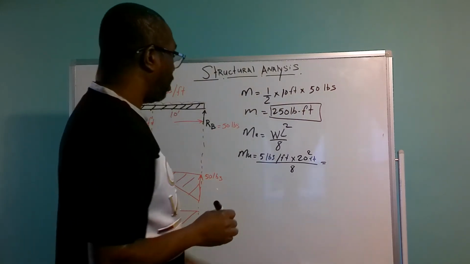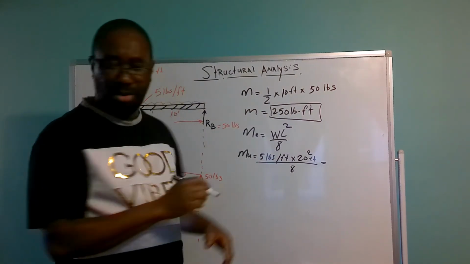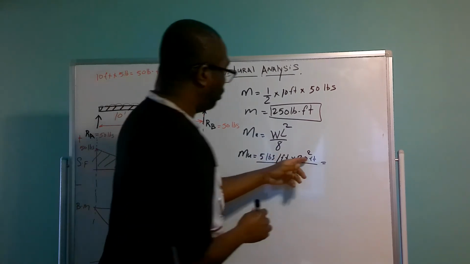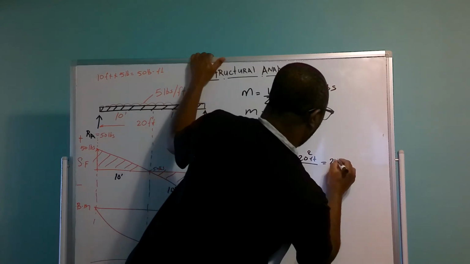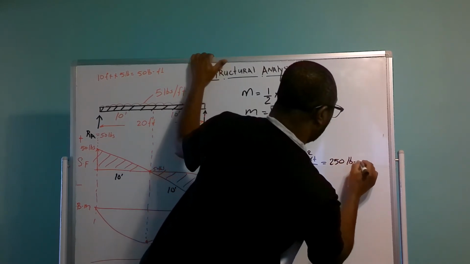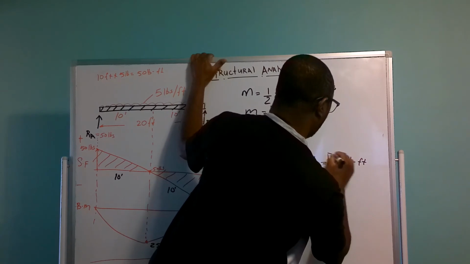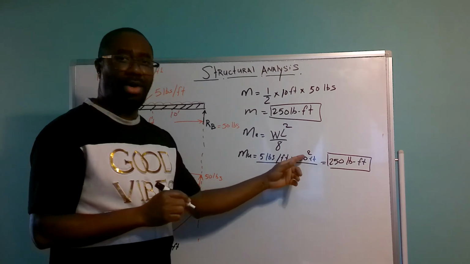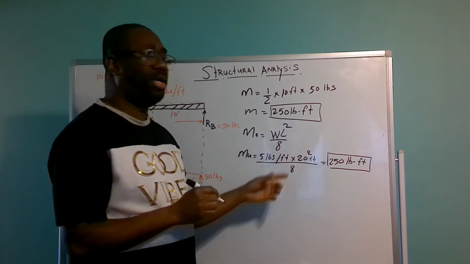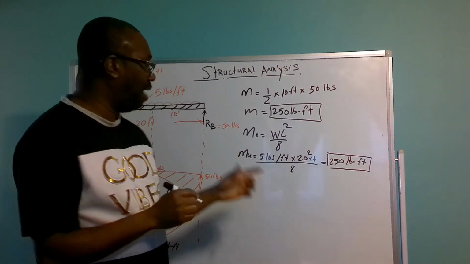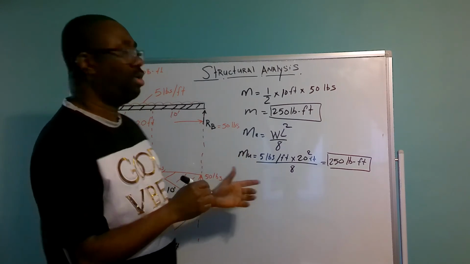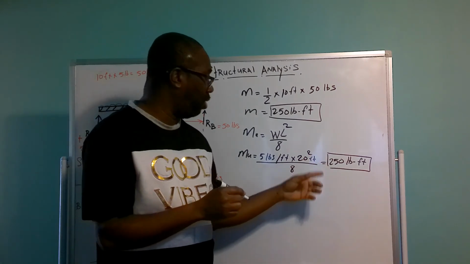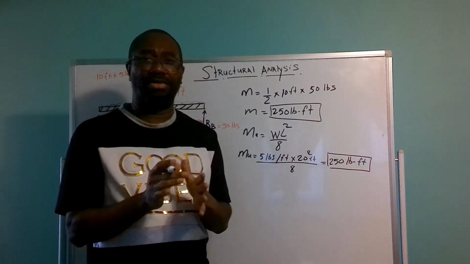So this is going to equal 250 pounds foot. 20 squared is going to equal 400. 400 times 5 is going to equal 2,000, and 2,000 divided by 8 is going to equal 250 pounds foot.